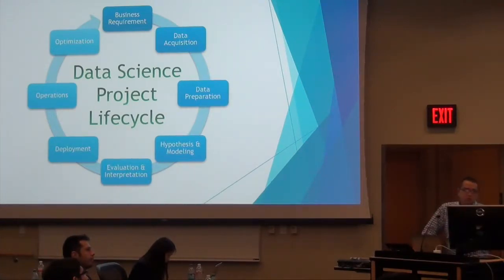You have to go through the project life cycle. It starts from business requirements, then data acquisition, data preparation, modeling, evaluation, then you deploy to the production line, collect data from the operations, get feedback from the system, and optimize your models. This is the whole project life cycle.